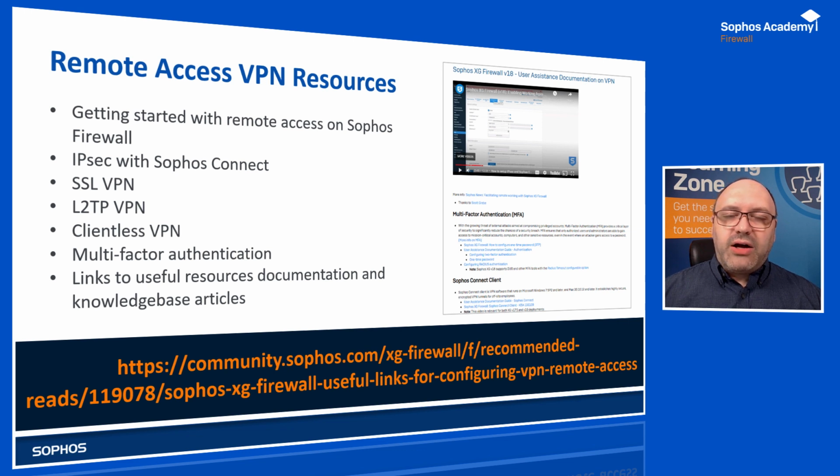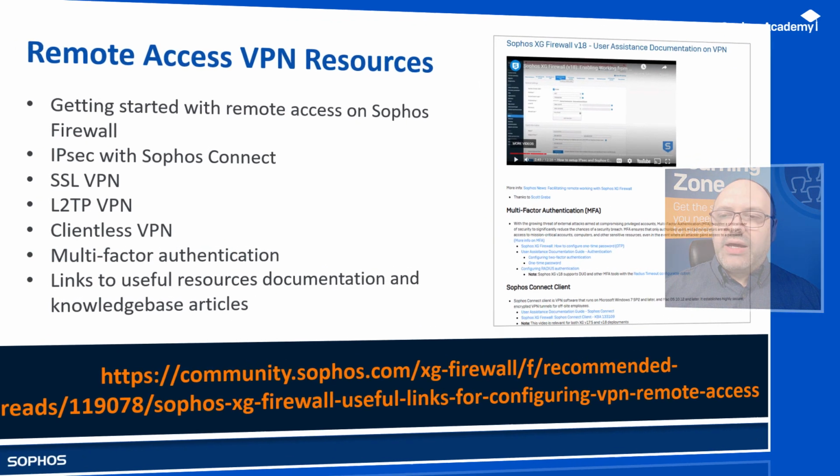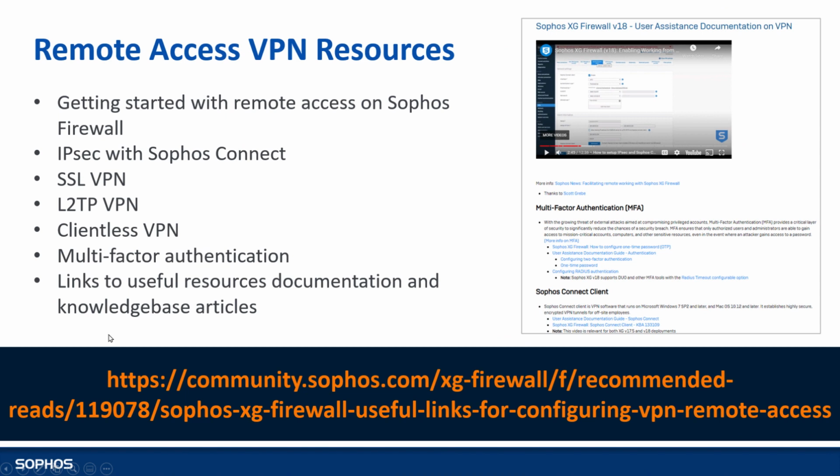You can find it on community.sophos.com. You'll see a link for recommended reads inside of the XG category. So I highly recommend taking a look at that and digging through the extremely useful information that can be found there.